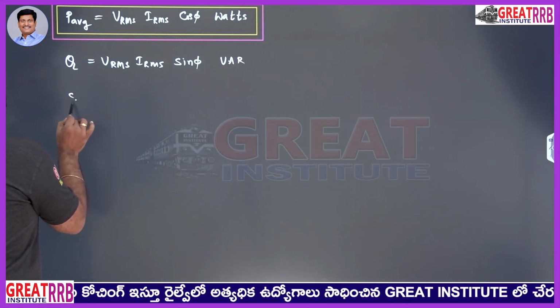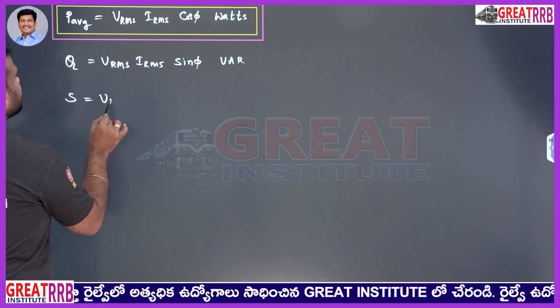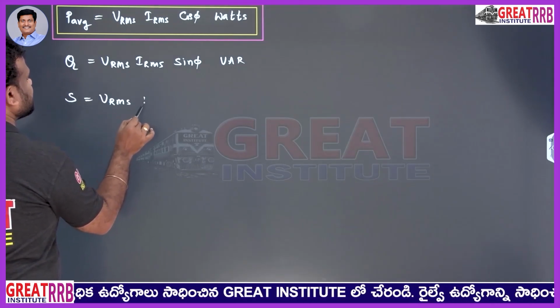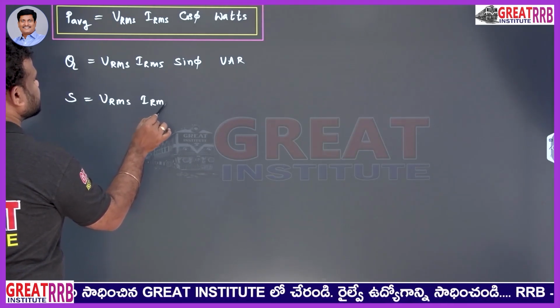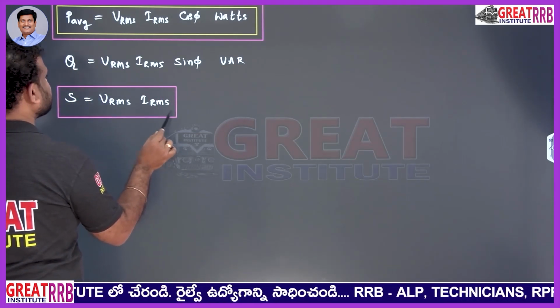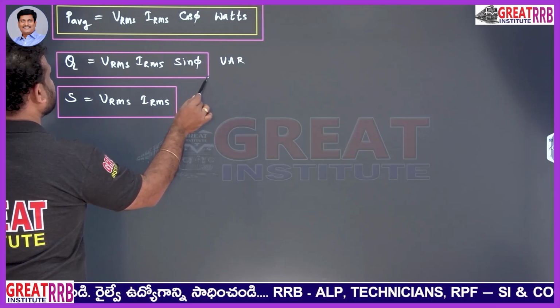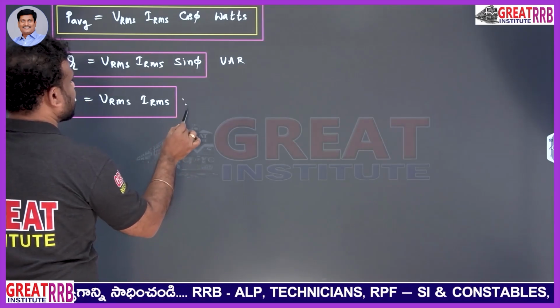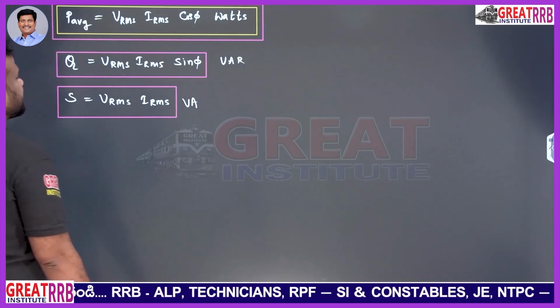And there is the apparent power, S, equal to VRMS into IRMS, with unit volt ampere. What should you remember, my dear students? You should remember the relations of these powers and their units.